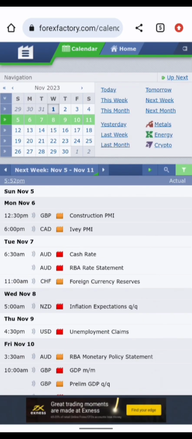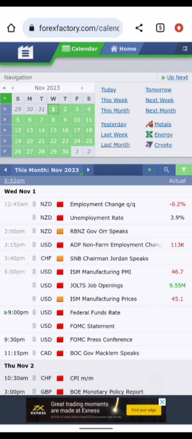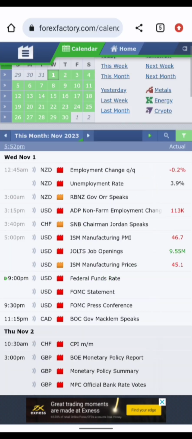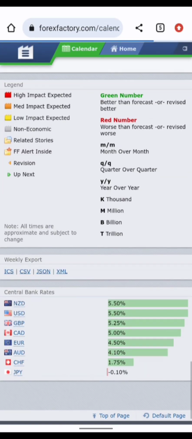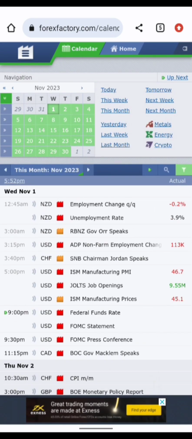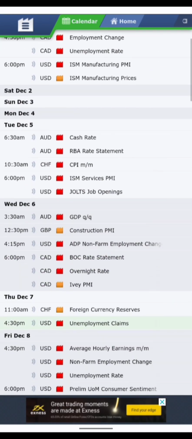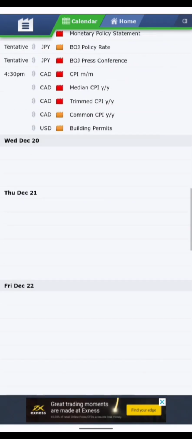You realize it gives me this month, unlike investing.com, which was only restricted to this week and the next week. This one will give me the whole events this month, and next month. I can also have a look at next month, December. So these are the economic events for December.